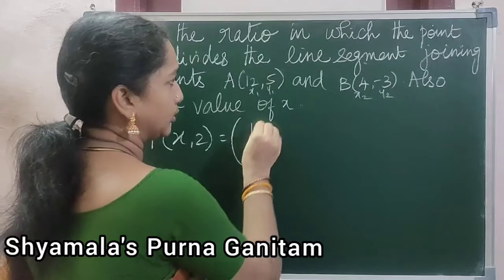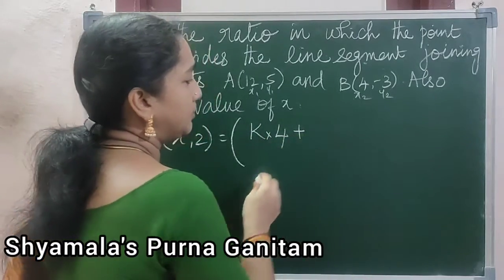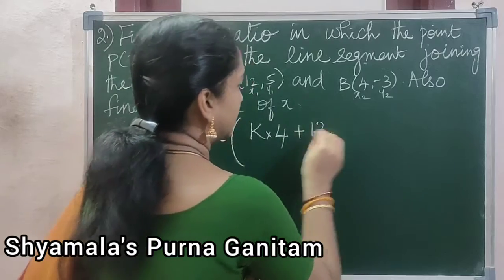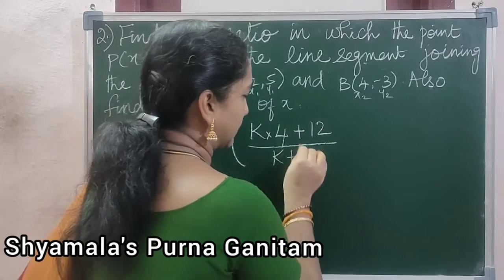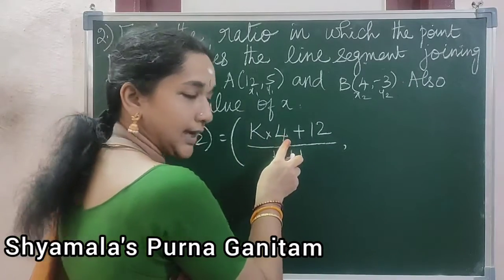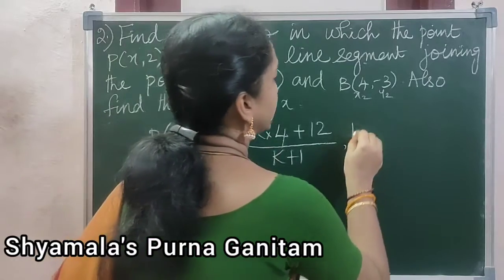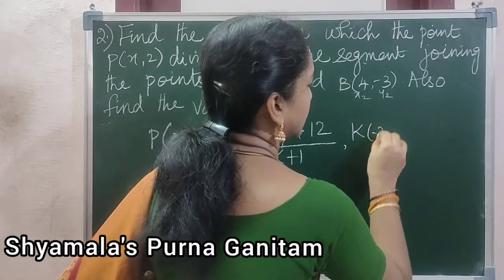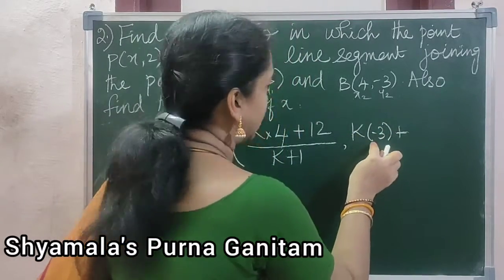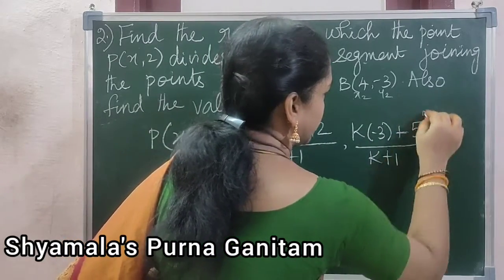So it is (k x2 + x1) by (k + 1). Formula application only. Okay. (k x2 + x1) by (k + 1), and (k y2 + y1) by (k + 1).